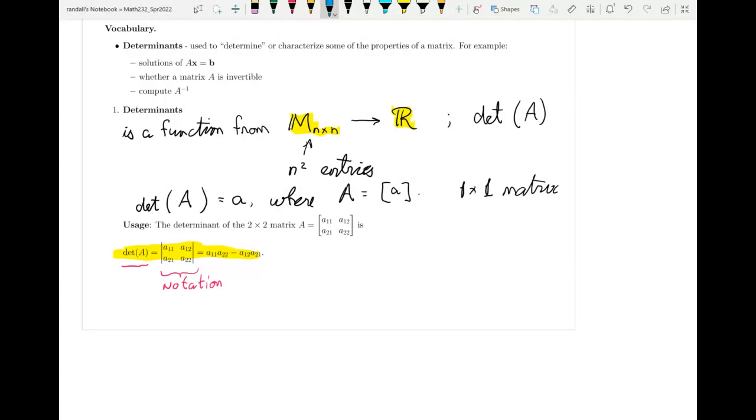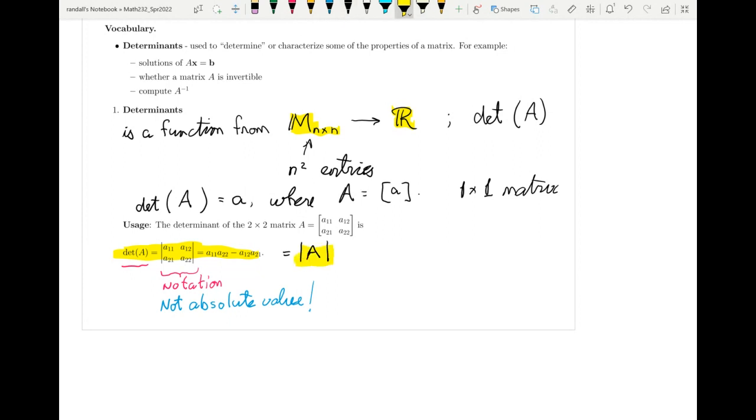Now, this is not absolute value, so don't get confused. It looks like that, two vertical lines, but it does not mean the absolute value. That's something you'll have to be aware of. We can also write this as bar A. That's another notation for determinant.